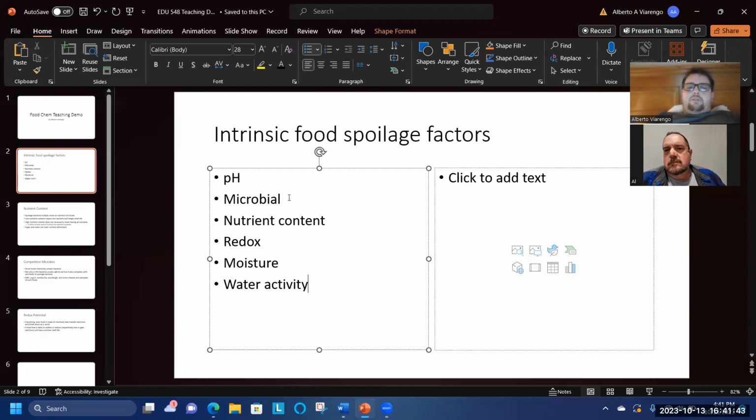We will get into each of these bit by bit over time throughout the presentation. Any questions so far? No, I remember water activity. All right. I do not know what redox is. Well, we'll get into that, but basically it's a shorthand term for reduction and oxidation, where molecules transfer electrons and cause chemical reactions that way.